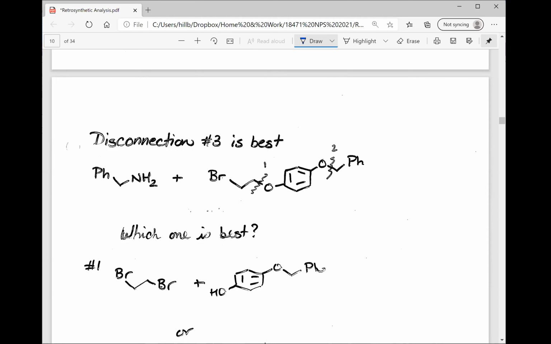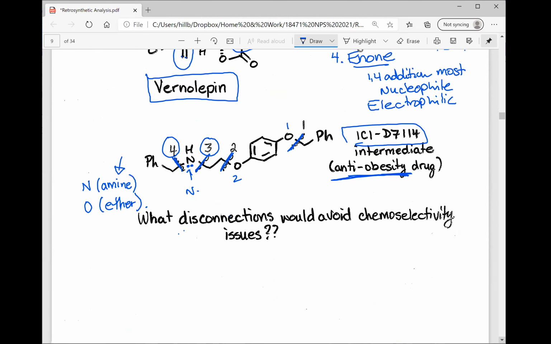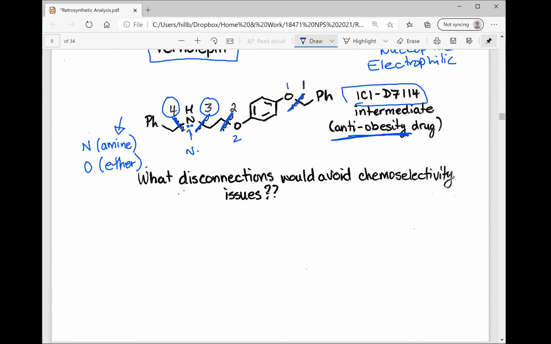Yeah, breaking 3 is the best, because nitrogen's the donor, and we need an acceptor over here, oxygen X. We could call that a bromine or something like this.